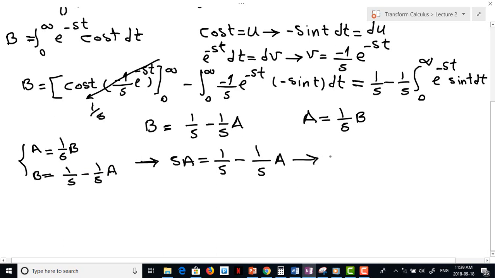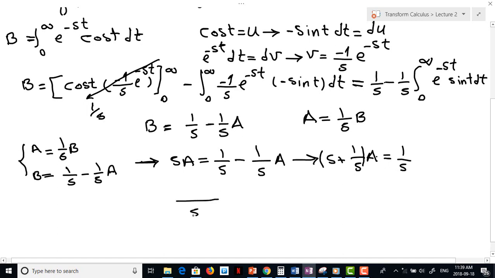So I just bring a to the left hand side of the equation. We have s plus 1 over s times a is equal to 1 over s.